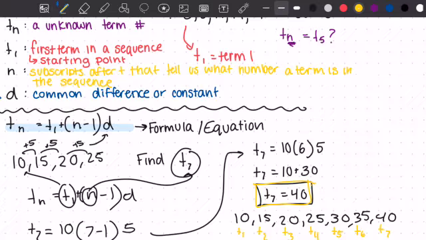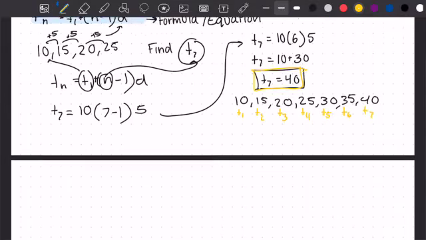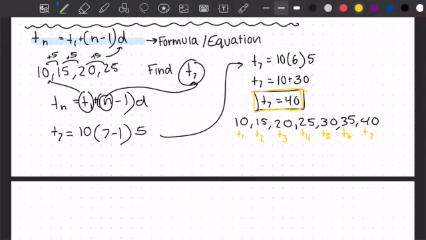If I wanted to use that same information above but solve for Tn, I'm going to have Tn equal to 10, because that's my first term, plus n minus 1, multiplied by my common difference. Since I plugged in what I know, I can start to simplify.